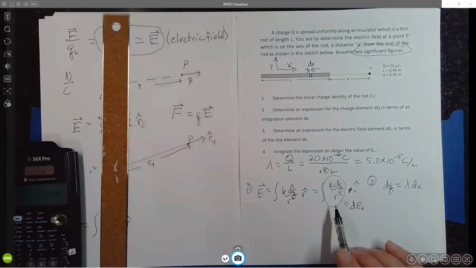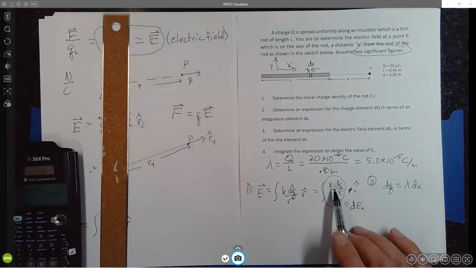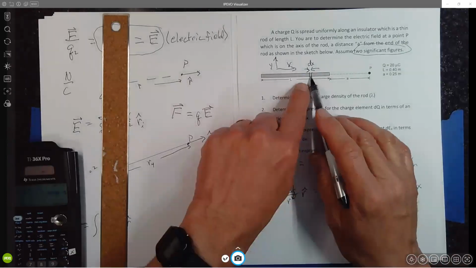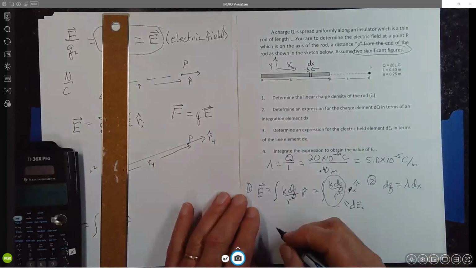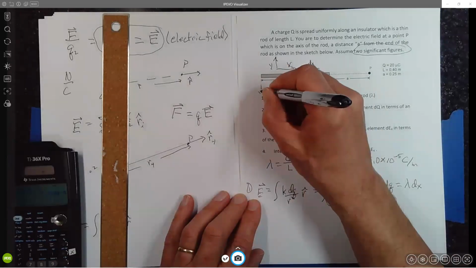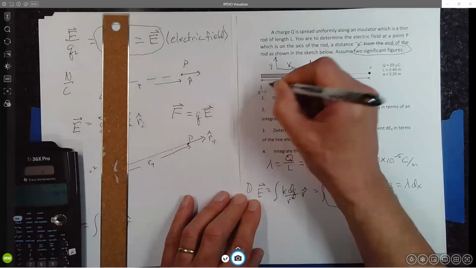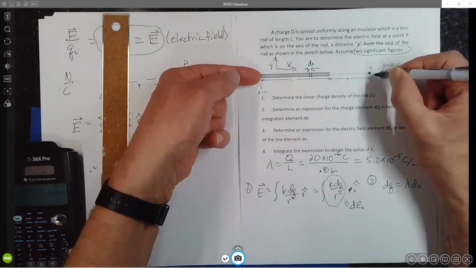But right now, even if I write dq as lambda dx, I've got two different variables in there. K is a constant. R is going to be the distance from this chunk over to here. And if I pick x to be 0 down at this end, this total distance is L plus A.